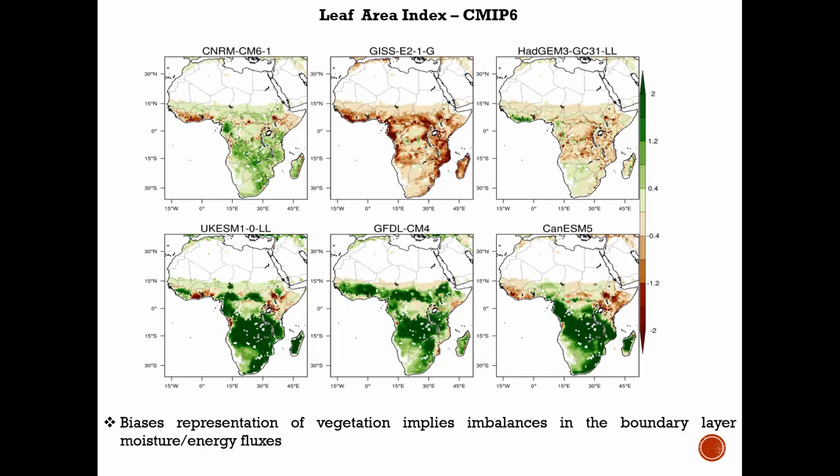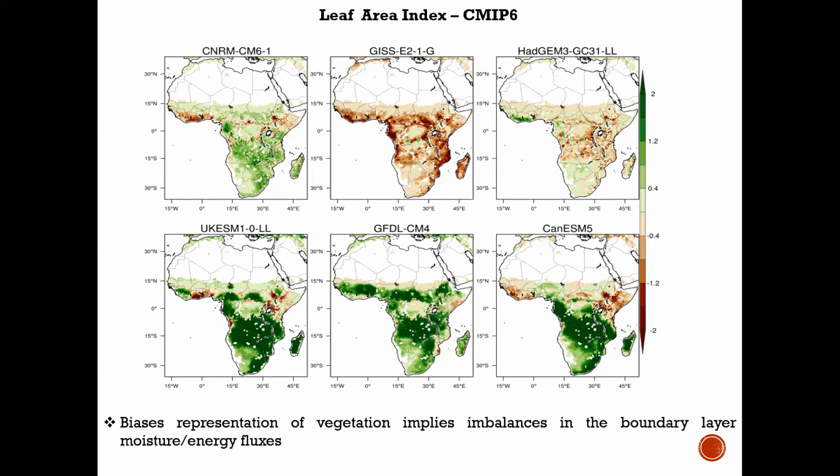One of the variables of interest that drive or control the balance or the variability between the lower boundary moisture and energy fluxes is vegetation. And here we show that GISS has a typical underestimation of vegetation throughout Africa.